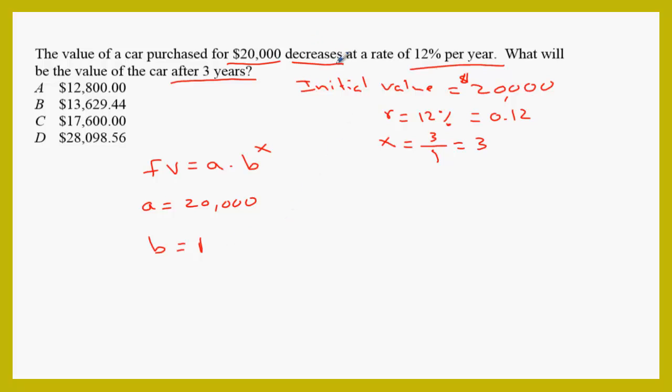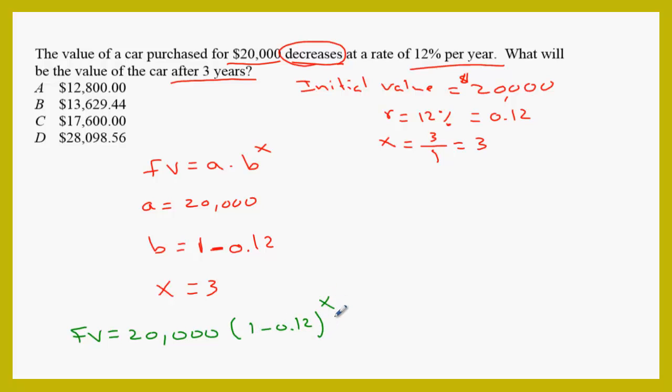In this case, since it's decreasing, it's going to be minus the rate, this number that you got here, 0.12. And x is the number of cycles, in this case equals 3. So the future value equals A, which is 20,000, times B, which is 1 minus 0.12, to the power of x.